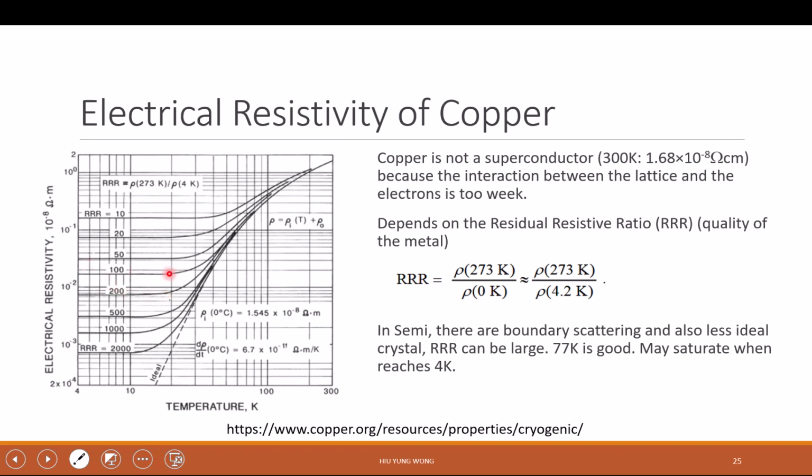It might have some residual value, and that's why my 77 Kelvin measurement might have similar performance to the 4 Kelvin one in terms of the resistance. So what this is trying to say is, yes, when you go to lower temperature, the resistivity is reduced quite a lot, 10 times, 20 times, but then it will saturate. That's what people call the residual resistivity ratio. If you have a large ratio, it means you saturate at a lower value, right? Not that important for this one.